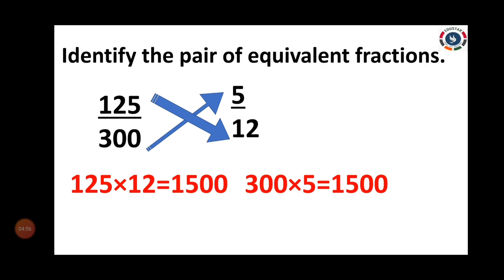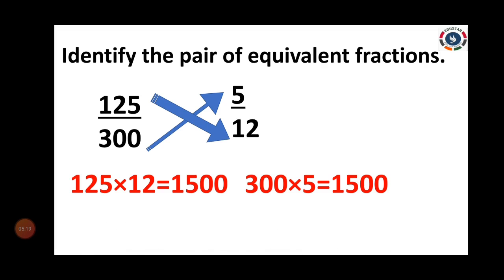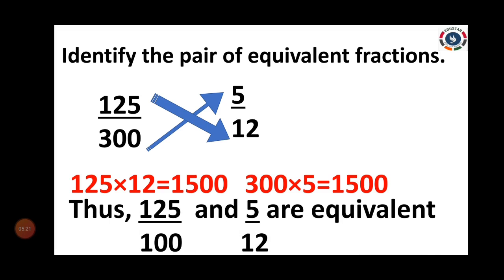And 300 into 5, how much now? Is equal to 1500. So both are getting equal values, which means the pair is equivalent fractions. Suppose the two values are not equal, then that is not an equivalent fraction. So both products are equal, so 125 by 300 and 5 by 12 are equivalent.